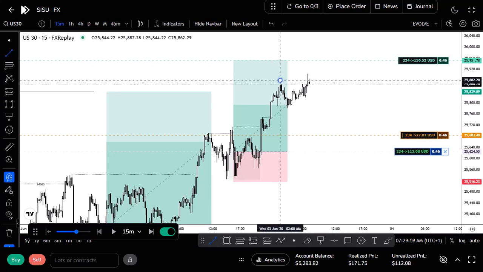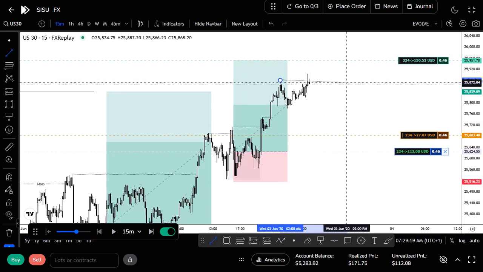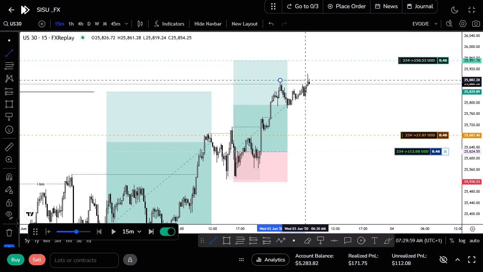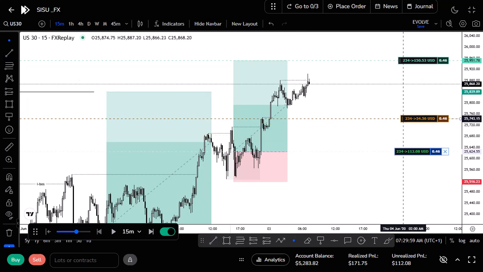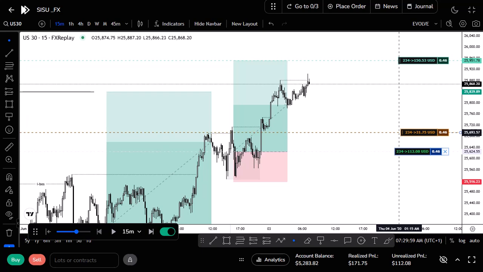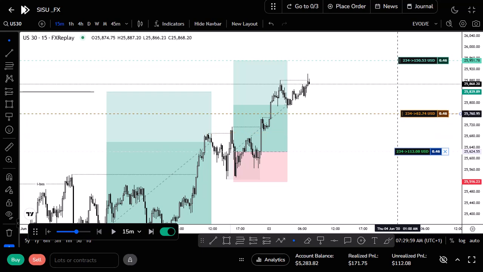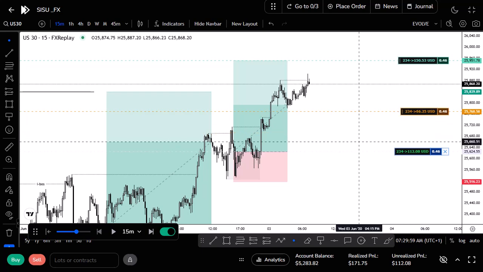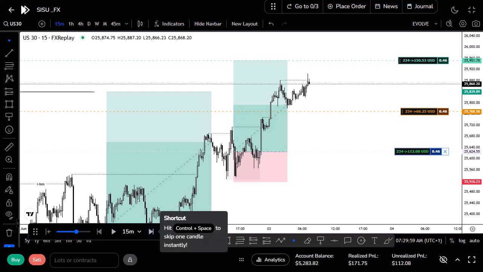It is called management. We are here to make money. We are not here to prove to the market that we are right. You can just secure a little profit. I think this is the safest place to put it, but it is fine. Let's just secure a little profit and allow the market to run.